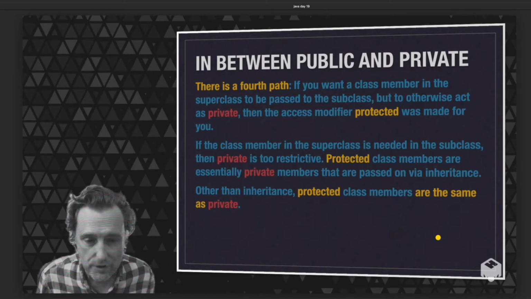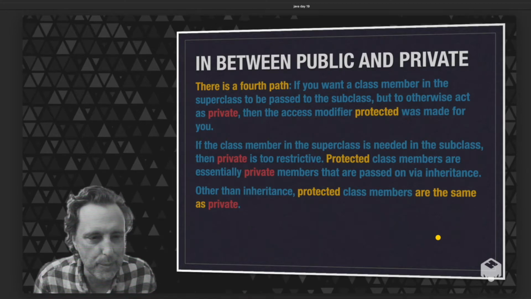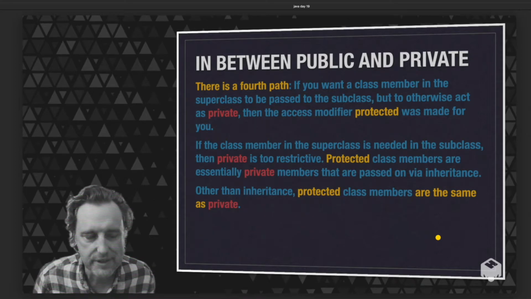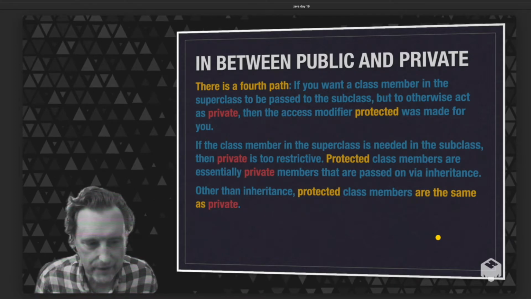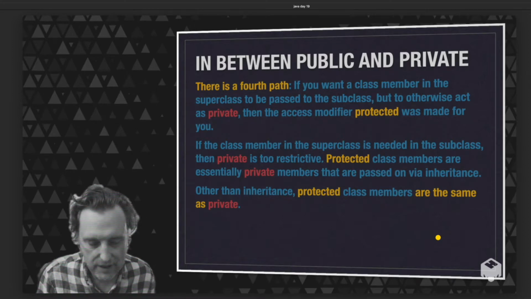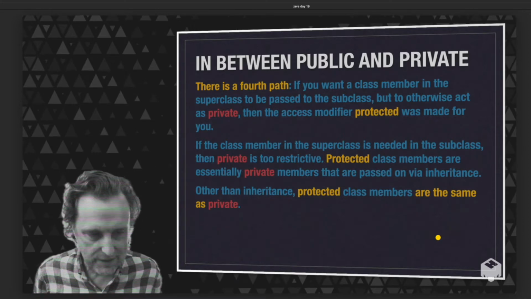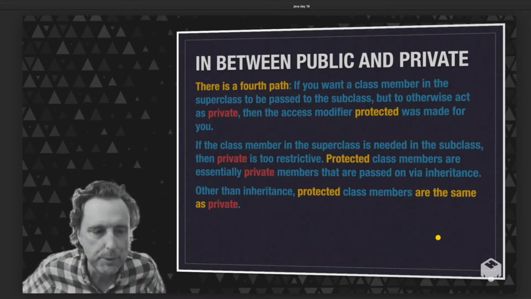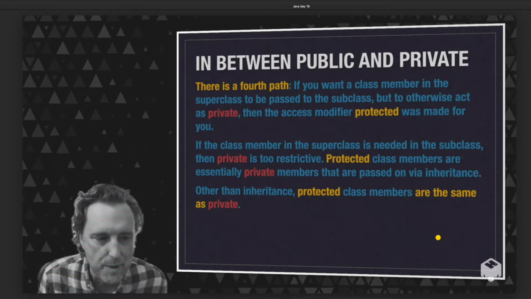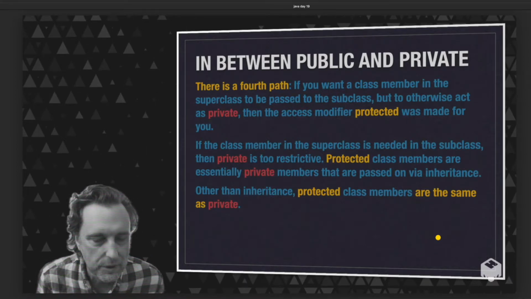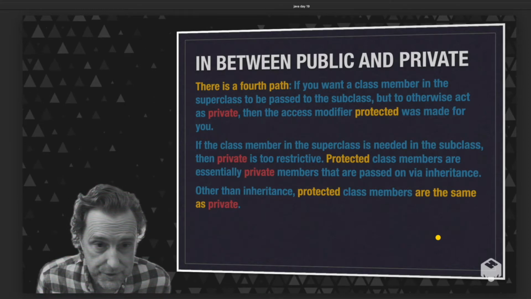The meaning of the word is to give from one to another, to a child. But private violates that. Private says you get all this, but no, you don't get this. And it's hard to think of great examples where you do want something to be private in the superclass and not accessible to objects created from the subclass.